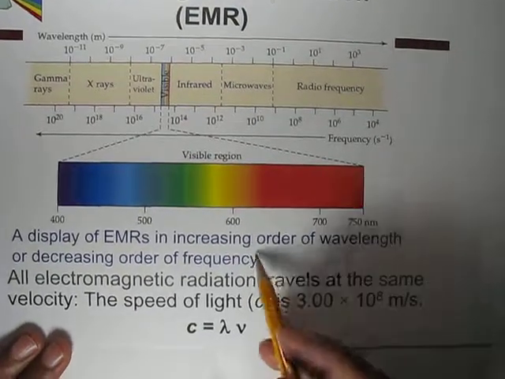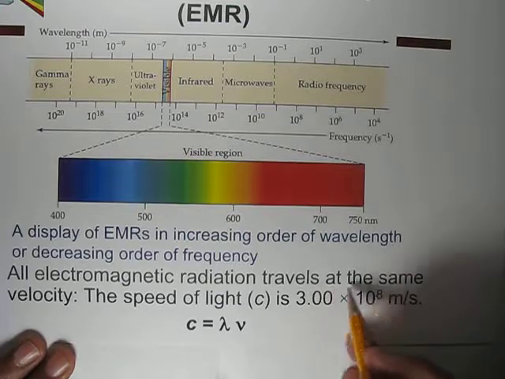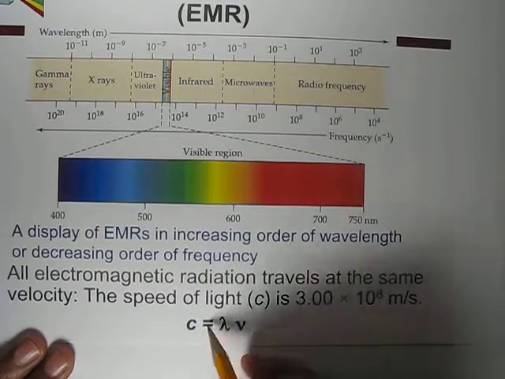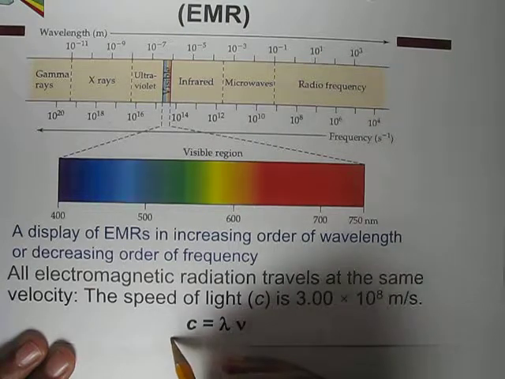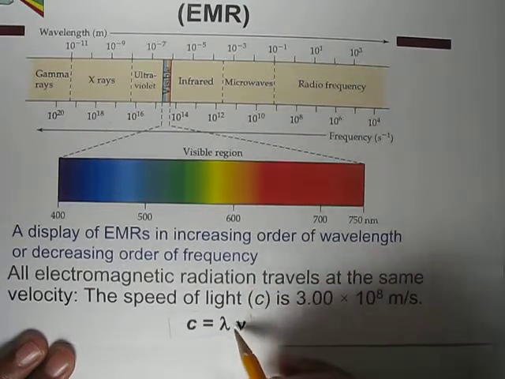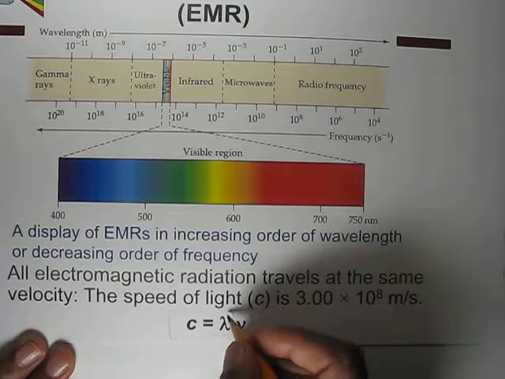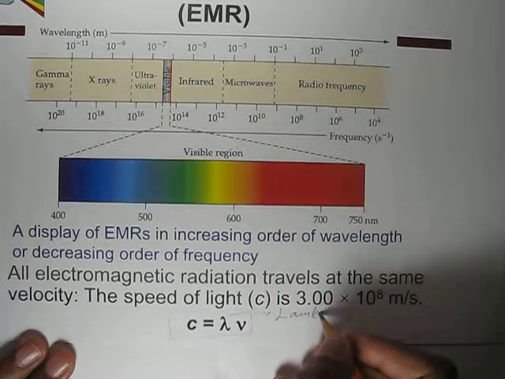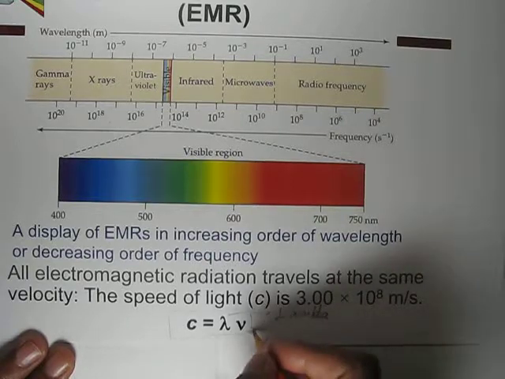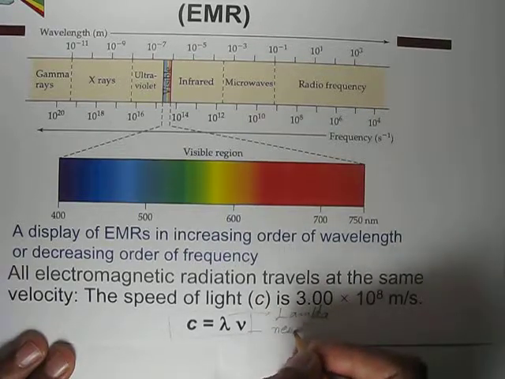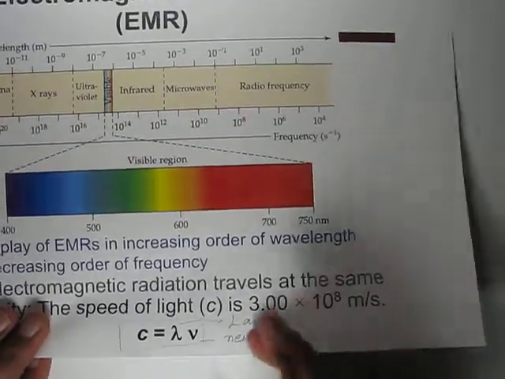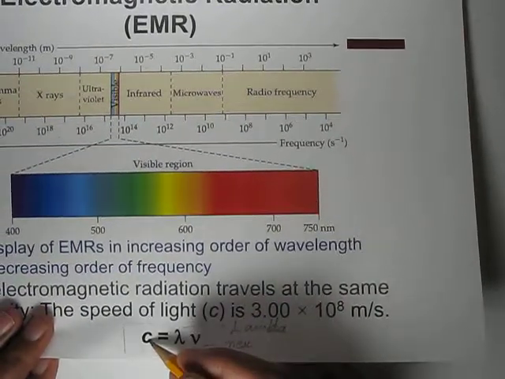All the electromagnetic radiations travel at the same velocity, which is the speed of light, and there is a formula: c = λν. Nu is the frequency, lambda is the wavelength, and c is the speed of light.